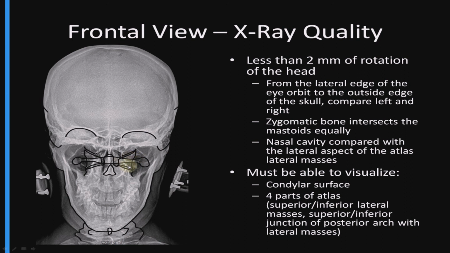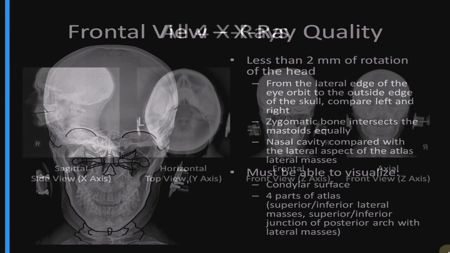That can be sustained if your X-ray tube setting was at the atlas sagittal plane angle obtained from your sagittal film. If you have a low arch, that's an unacceptable film, and you would need to retake this X-ray. If you had more than 2 millimeters of head rotation, you would also need to retake this X-ray.